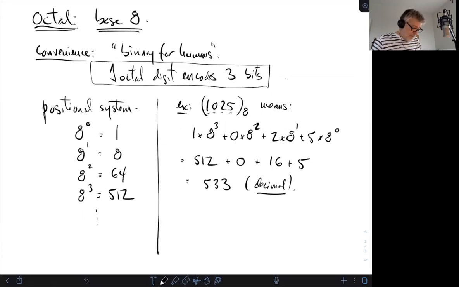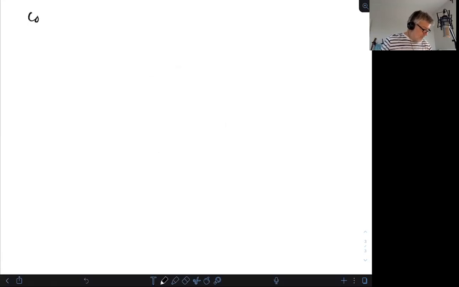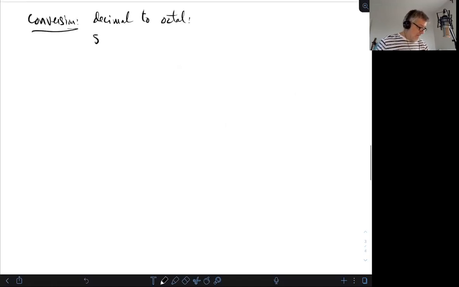Well, okay, so conversion decimal to octal. Okay, so how does this go? Well, if you think back how we did for binary, what we did was successive divisions by 2, which was our base. So this will be successive divisions by 8.